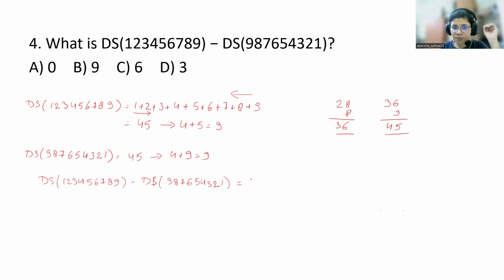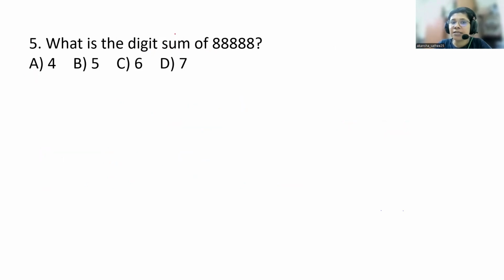It is 9 minus 9, and that is equal to 0. So option A is correct. Is it okay? One more thing you have learned: you just change the places of these numbers, and the digit sum would be the same, right? So whether you write 1, 2, 3 first, then 7, 8, 9, any permutation, any circulation of these numbers will give you the same digit sum.